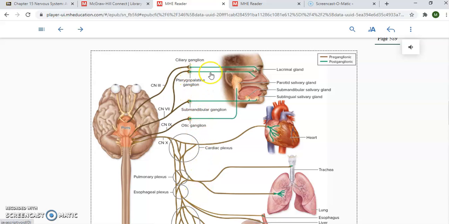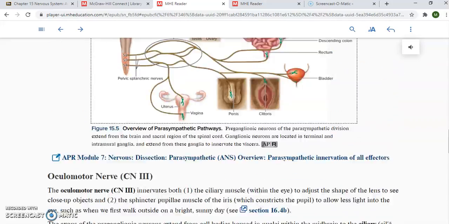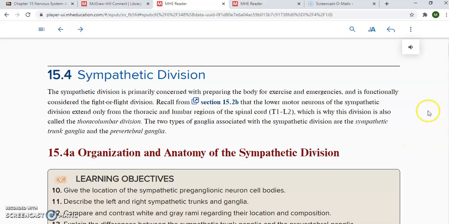And then the motor neuron that follows the ganglion, sometimes they'll just call it a ganglionic motor neuron, or you might see it called a post-ganglionic motor neuron. I think here they call it post-ganglionic. So all these green ones that you see here are considered post-ganglionic motor neurons. So this picture is showing the parasympathetic. And let me go to the next. I think it is on the next one.